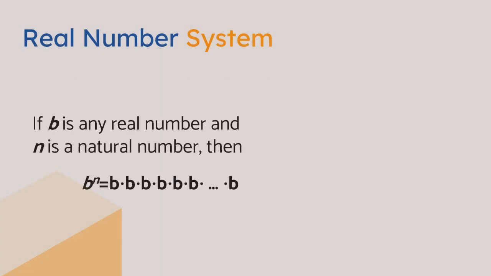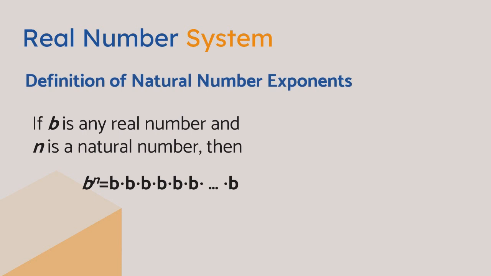So the definition of natural number exponents is, if b is any real number, you know what a real number is? A real number is either a rational or irrational number. And n is a natural number, meaning a counting number excluding 0.